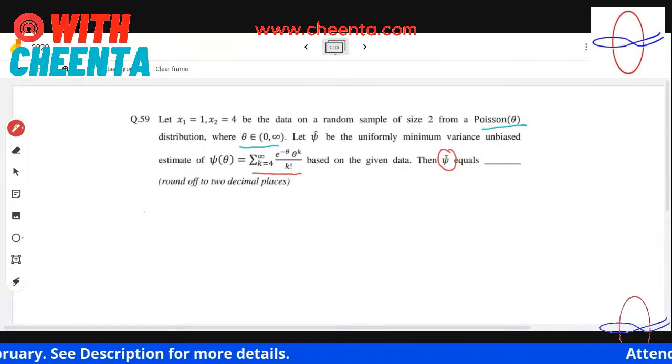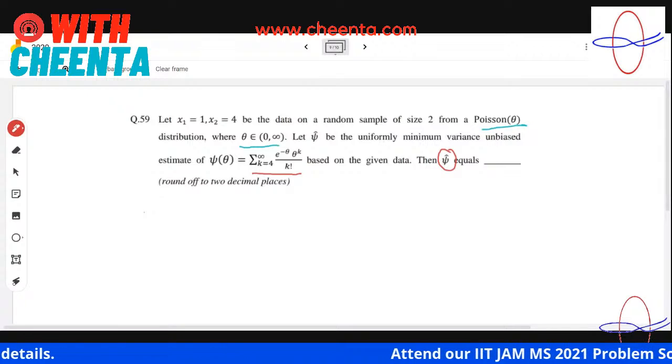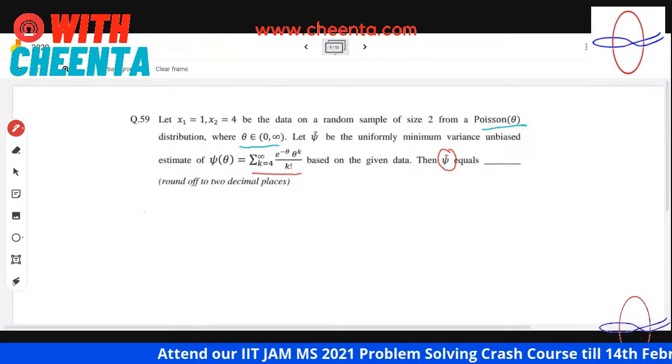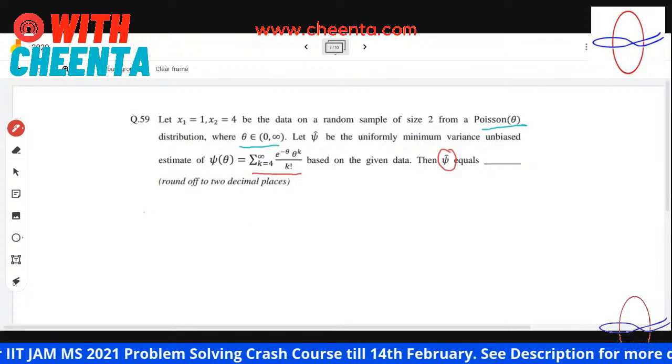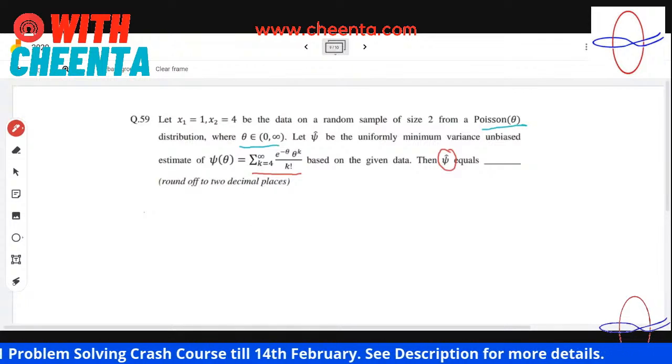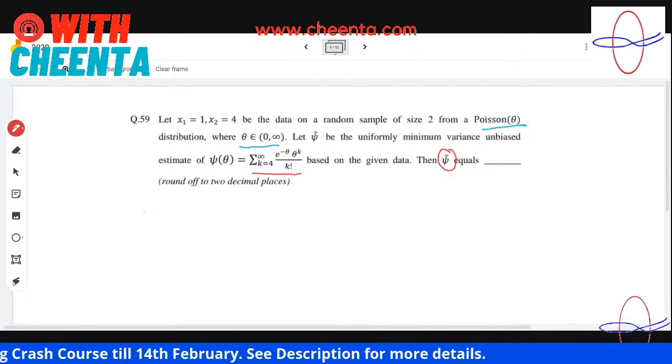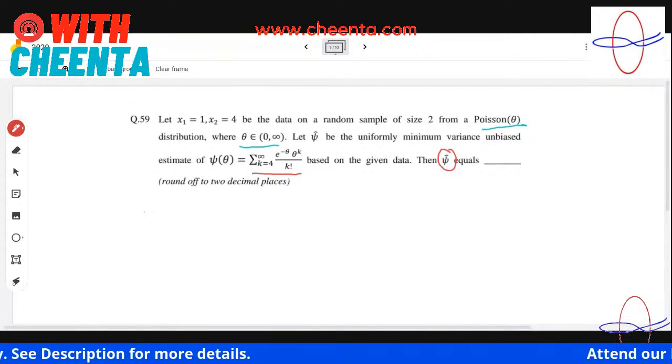Okay, let's take the example. So here we have a random sample size, but let's not care about the random sample size. We really want to find an estimator of psi, a function of theta.